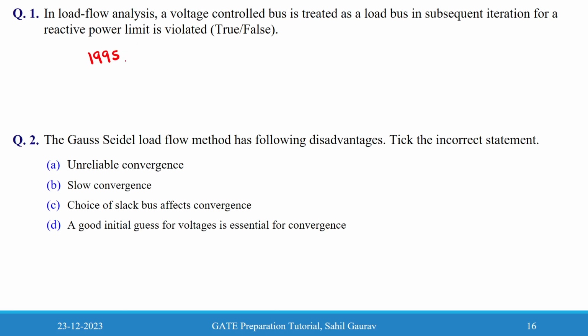True, sir. Yes, correct, it is true. It was asked in 1995, a very old problem, of 1 mark. A voltage controlled bus means a PV bus, and a load bus means a PQ bus. So a PV bus is treated as a PQ bus when this reactive power limit violation happens.